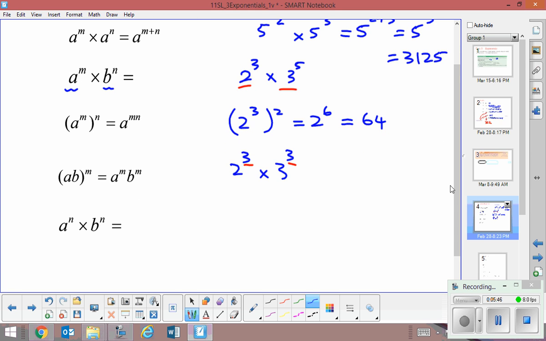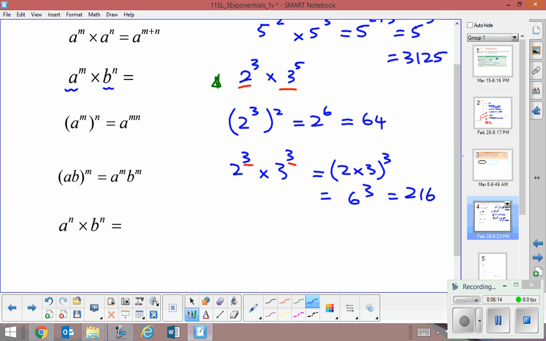So this was different from this example, where the bases were not the same and the exponents were not the same. So this now can be 2 times 3, all to the power of 3, which is 6 to the power of 3, which is, what we've got, 36 times 6 is 216. Really close. Good job.